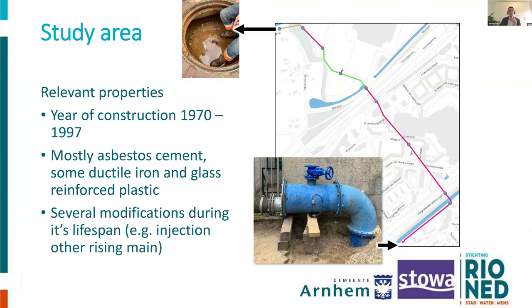And also a lot of variation in year of construction, which varies from the 1970s, the asbestos part, to 1997 for the GRP. And the top picture is the flange, which we needed to decouple to extract the tools again. So that's a short overview of the pressure line. It was 1200 meters in total.